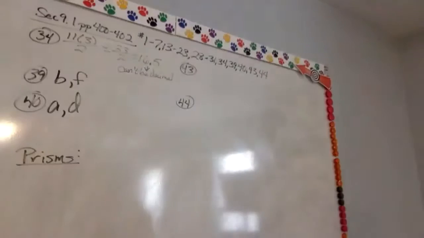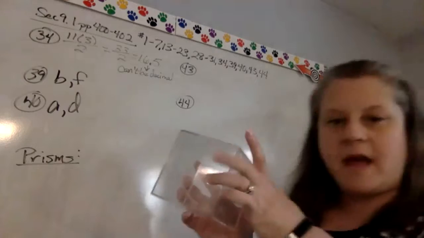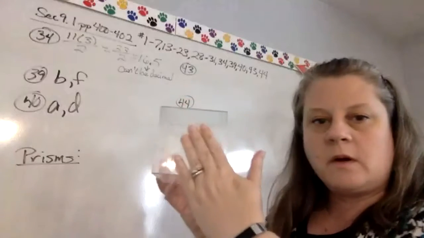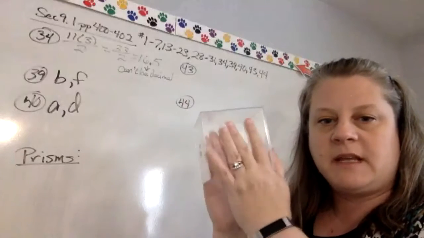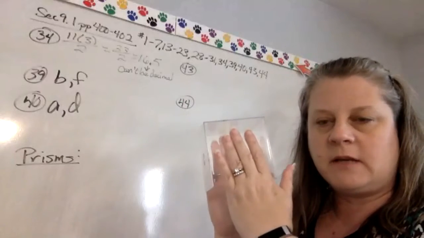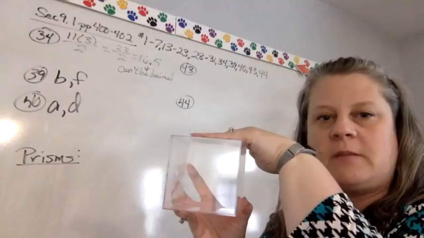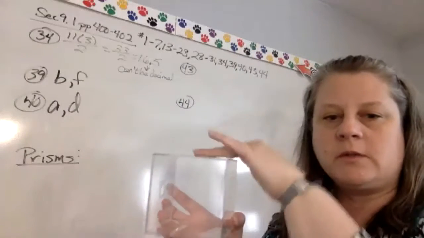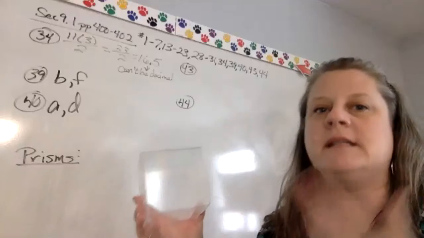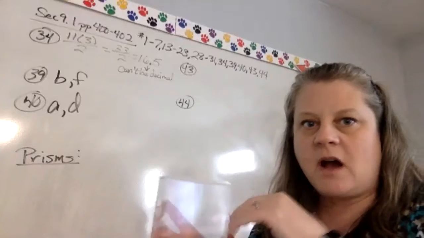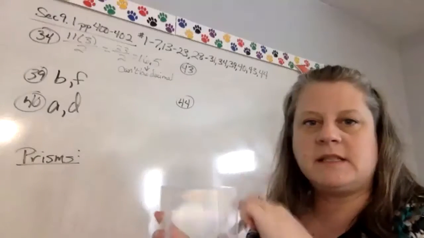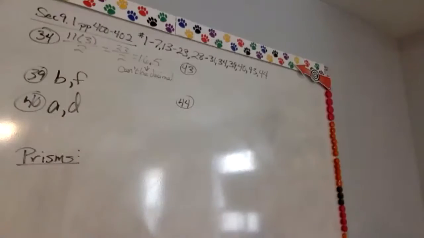So opposite means front and back. So if this was a 1, on the back would have to be the 6, because 1 plus 6 equals 7. If the top was 3, the bottom would have to be 4, because 3 plus 4 equals 7. The numbers that are on opposite sides have to equal 7.